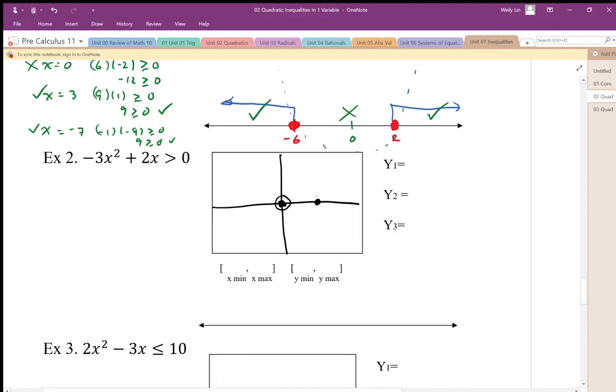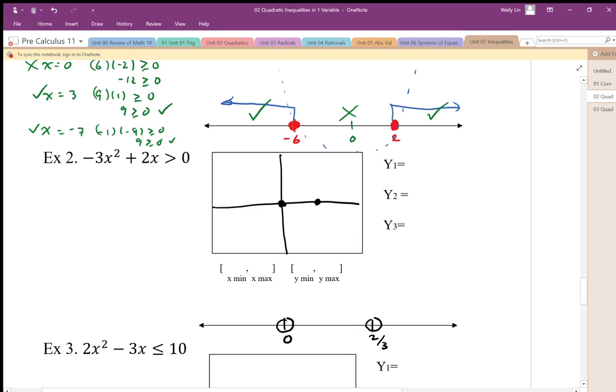So they're going to cross at those points. I'm not going to do those circles there, because I should show those on my number line. So it's going to be an empty circle here at 0 and at 2/3.